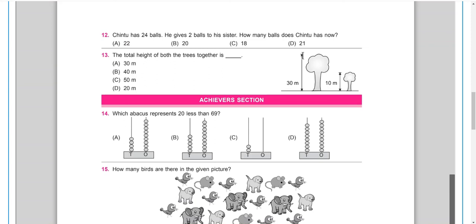So add it to 30: 31, 32, 33, 34, 35, 36, 37, 38, 39, 40. So 40 will be the answer.